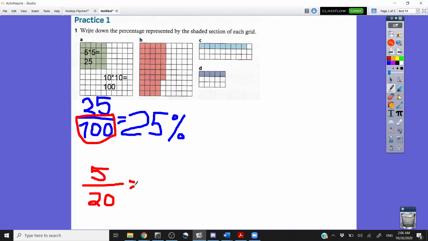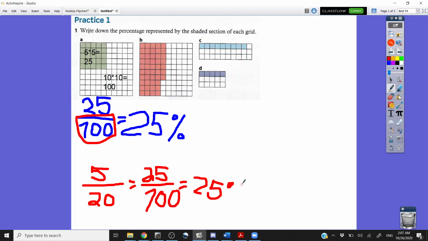Well, that's easy, because I know I can make that 20 into a 100 by multiplying by 5. So 20 times 5 makes 100, which means 5 times 5 makes 25. So overall, that one would also be 25%. If you got 5 out of 20, that would be 25%. So that would be your final answer.